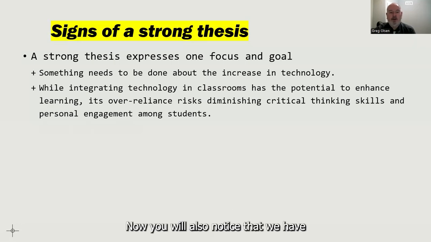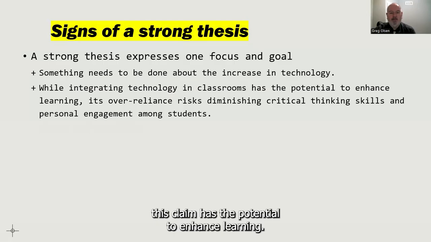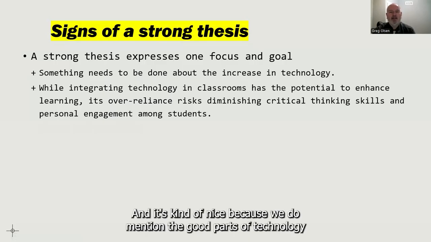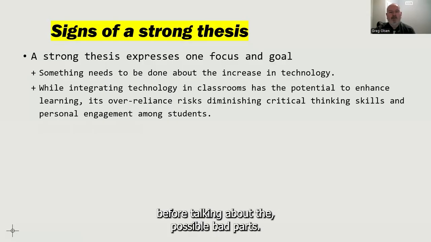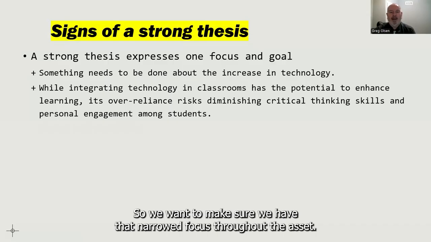Now, you will also notice that we have this claim has the potential to enhance learning. Okay, so this also will be addressed within the essay. And it's kind of nice because we do mention the good parts of technology before talking about the possible bad parts. So we want to make sure we have that narrowed focus throughout the essay.